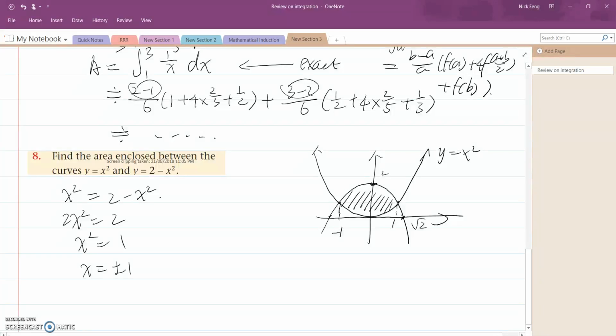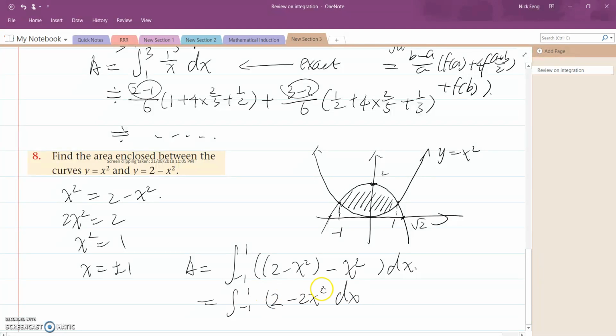So now remember the area bounded by any two curves is the top one minus the bottom one, and then integrated. Therefore, the area is bounded from negative 1 to 1. The top one, which is the concave downward parabola, minus the bottom one, dx, which will give us 2 minus 2x squared dx.